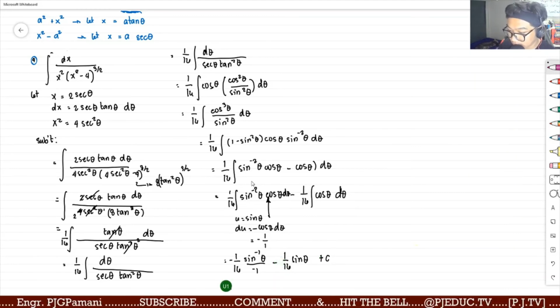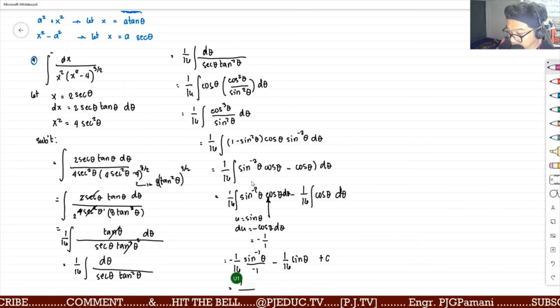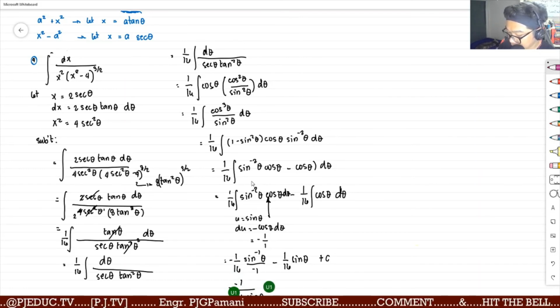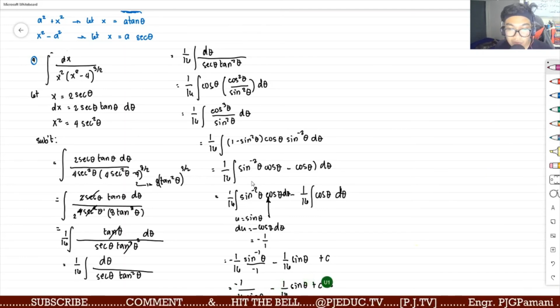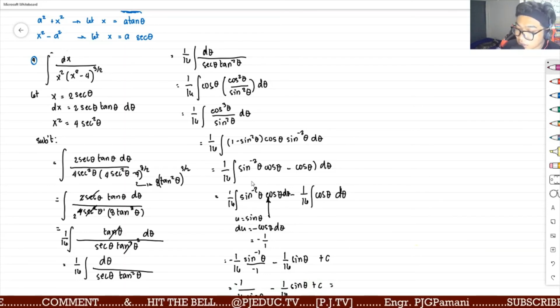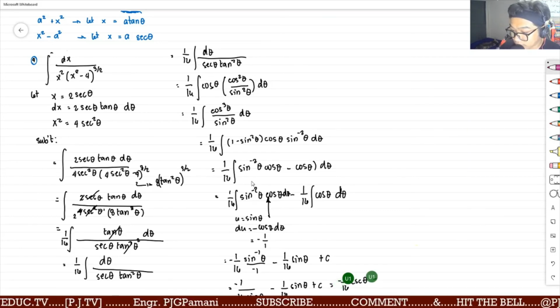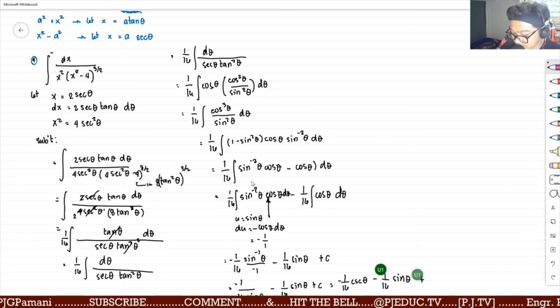Simplify further. That is now 1 over -1/16 of sine theta minus 1/16 sine theta plus c. Remember that 1 over sine theta is the reciprocal, cosecant. 1/16 of cosecant theta minus 1/16 sine theta plus c.